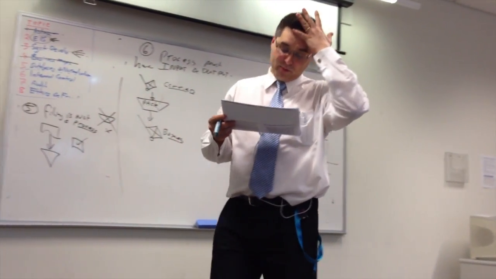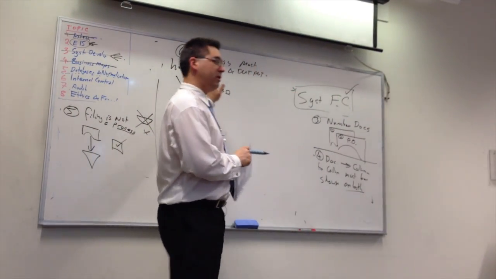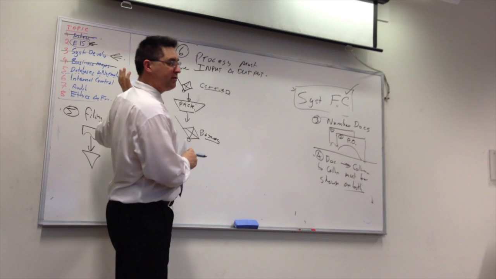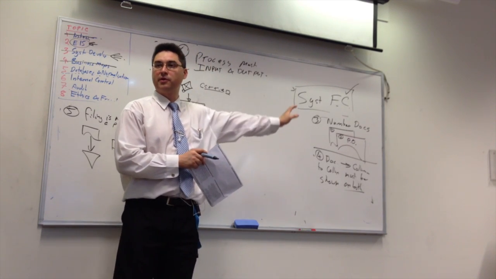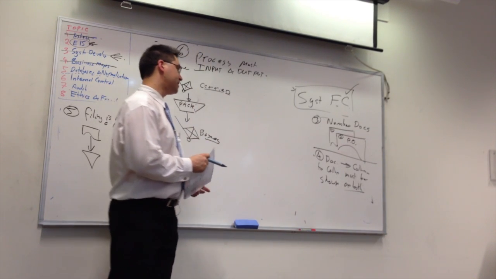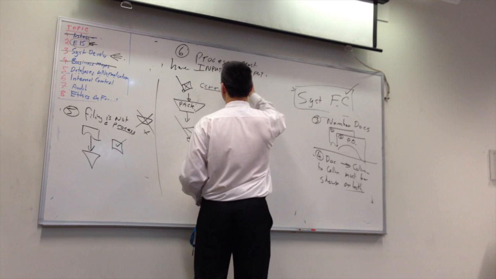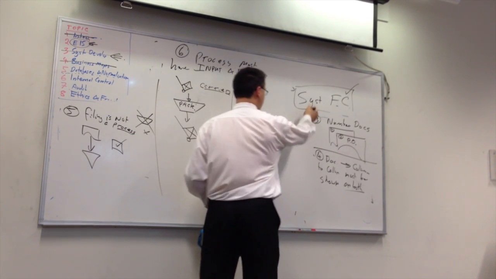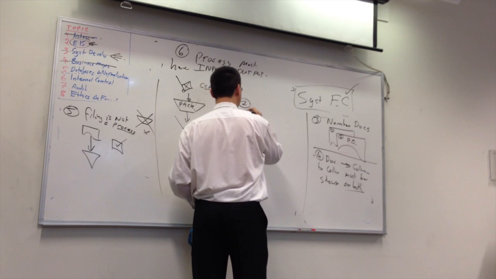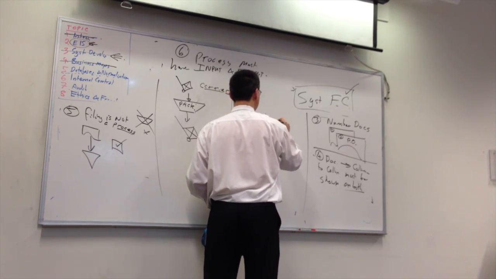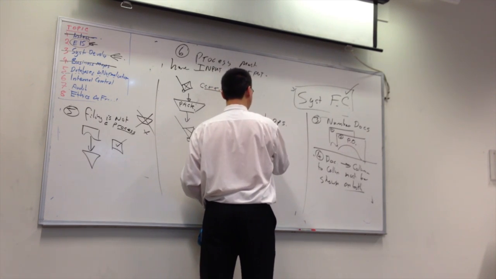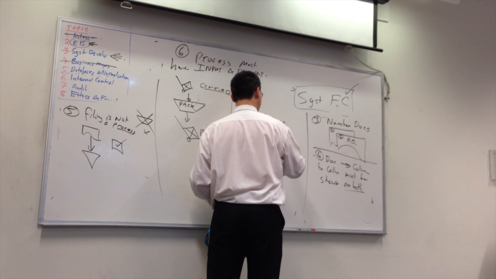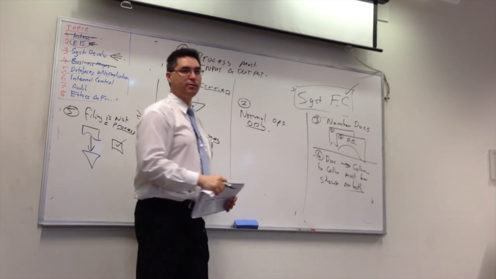Only document normal processing. So in other words, you don't show in any of these where you could stuff up. Normal operations only. So don't show where things can go wrong.